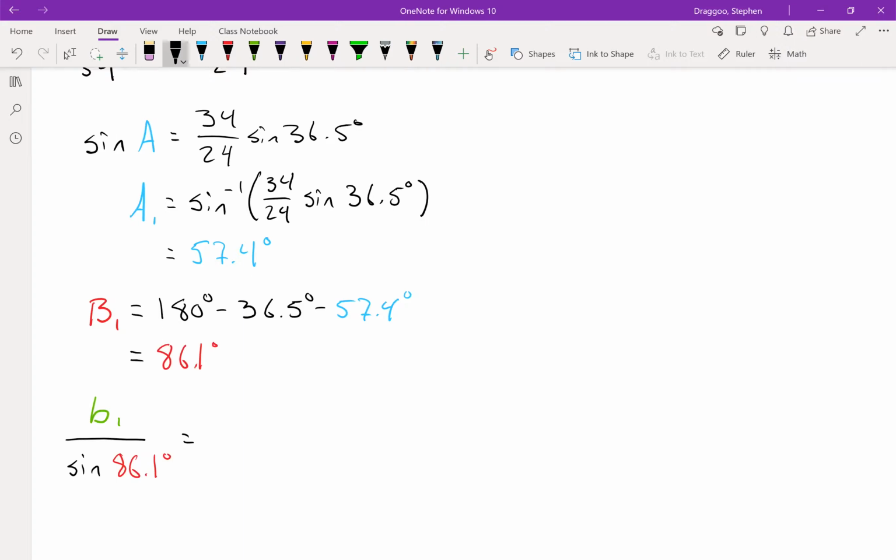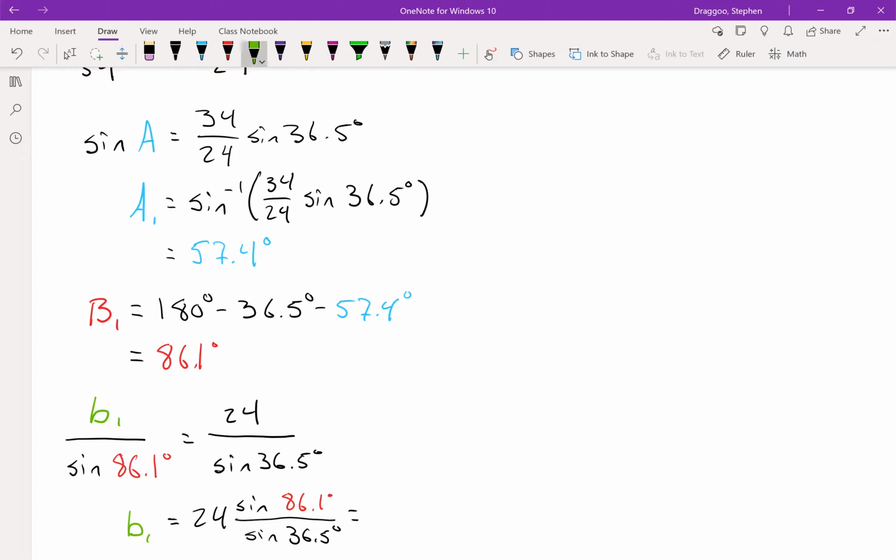So that ratio should be 24 divided by the sine of 36.5 degrees, giving us B1 is equal to 24 times the sine of 86.1 degrees divided by the sine of 36.5 degrees. And we get 40.3 centimeters.